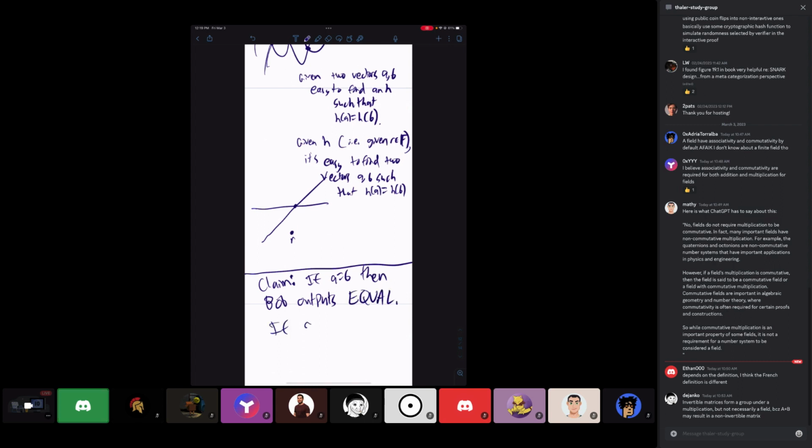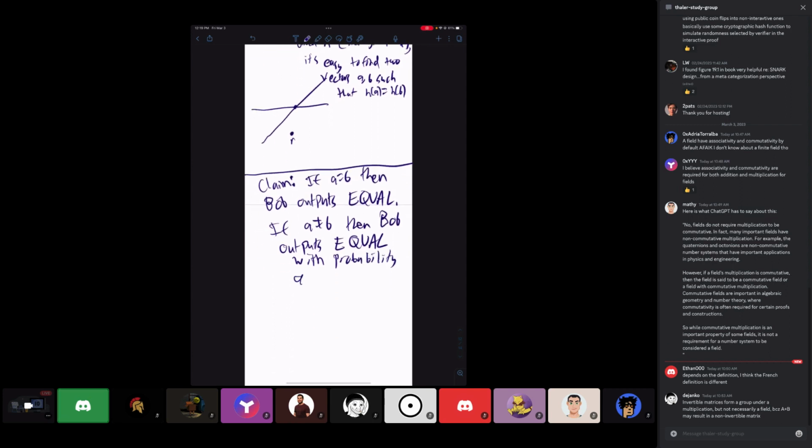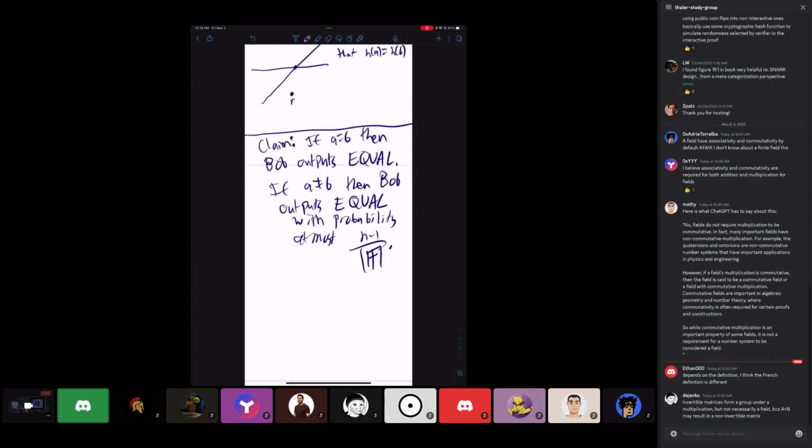While if A does not equal B, then Bob outputs equal, which would be a mistake, with probability at most n-1 over the size of the field. That's why I said we're going to need the field to be substantially bigger than n, because we want this probability to be small.